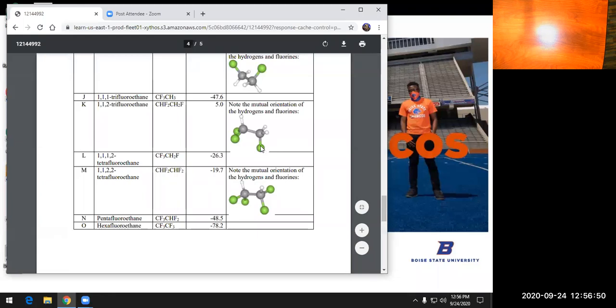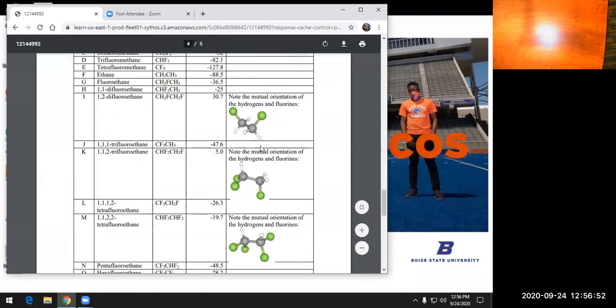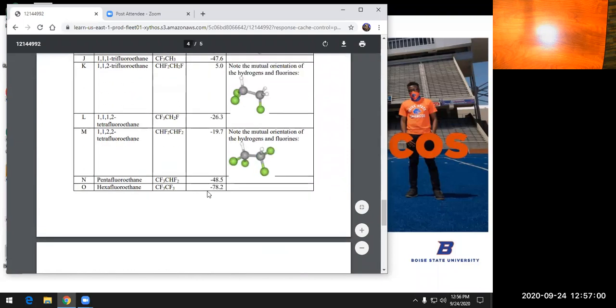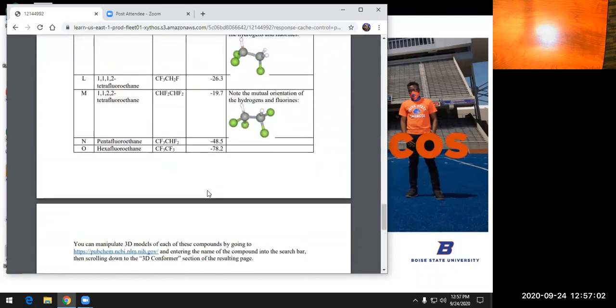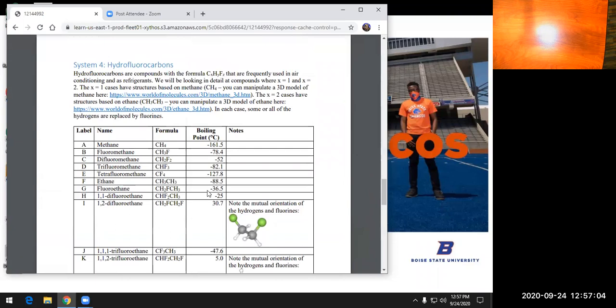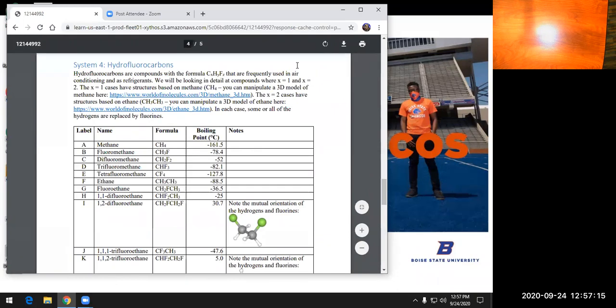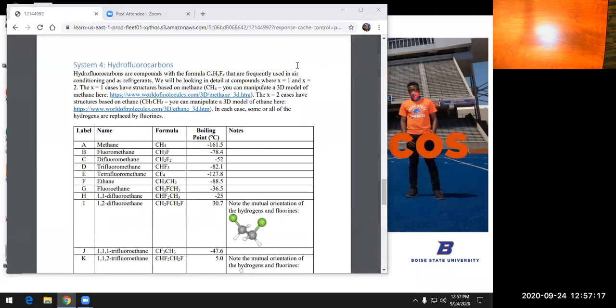Okay. And then notice I'm as well giving you the boiling points of all of these compounds. So what kinds of questions do you think I might ask related to this topic, this system? Chat says intermolecular forces.